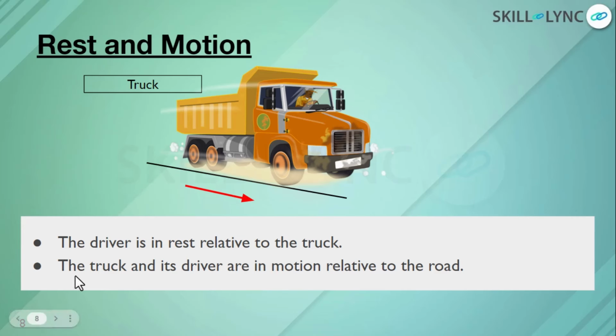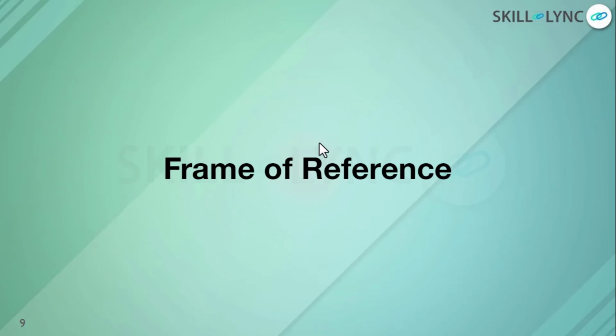Or we can also say that the truck and its driver are both in motion relative to the road. I mean to say that if a person is standing on the road, he would say that both the driver and the truck are moving in the forward direction. Or if the driver himself is the observer, then he would say, the truck is moving, I am at rest.